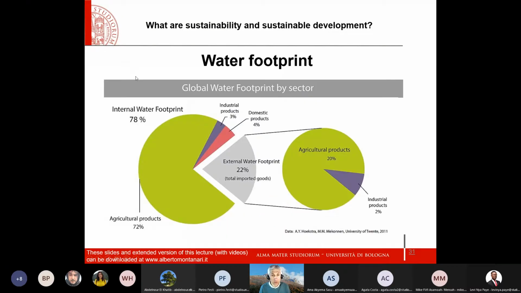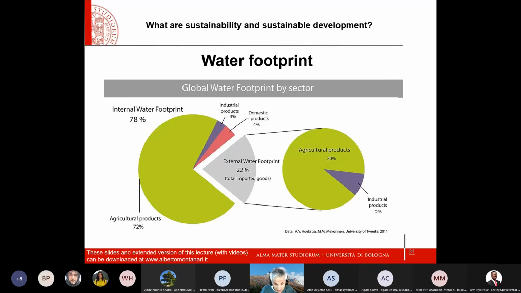Okay, now let's move forward. This slide shows the global water footprint by sector, which means the use of water at the global level, which is 78% used internally.